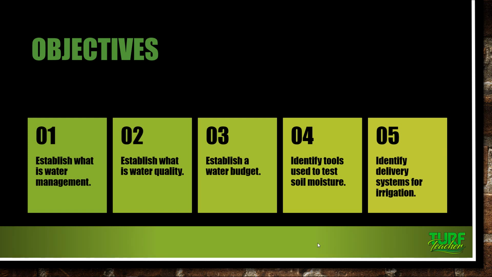And then last but not least, we're going to look at some delivery systems for irrigation. And that's basically kind of a review for what you guys already know. I mean, you're practicing irrigation contractors. So we're just going to finish off Water Management 2 with that. And so, guys, let's go ahead and establish what water management is in this lecture.